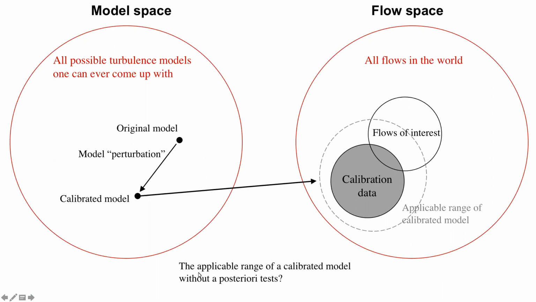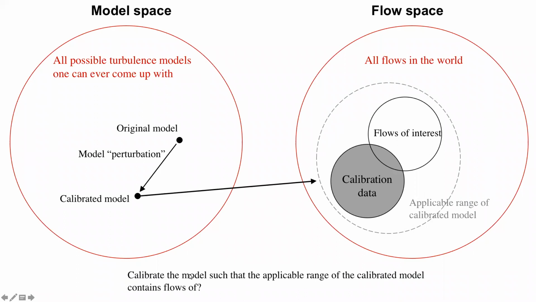We want to know the applicable range of a calibrated model without a posteriori tests. Moreover, we want to calibrate the model such that the applicable range of the calibrated model contains not only the calibration data, but also the flows of interest.